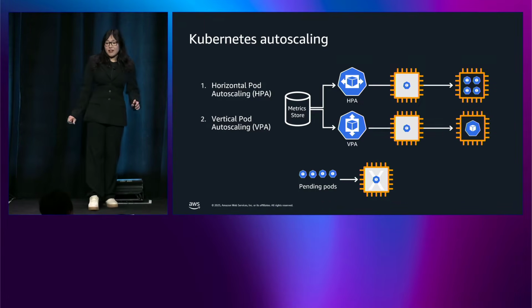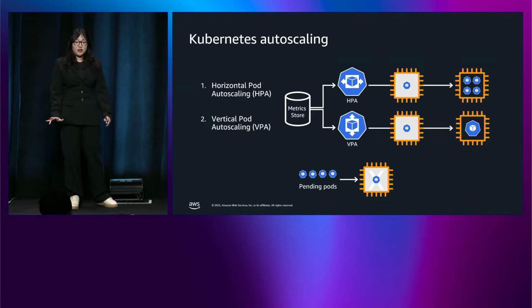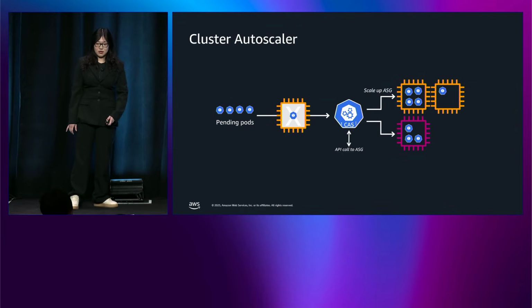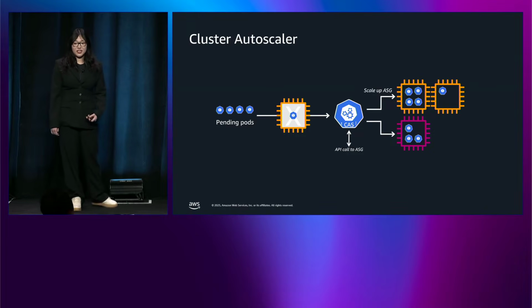But if there is no available capacity on the nodes in your cluster, then you want to think about cluster or node autoscaling. The cluster autoscaling strategy is centered around the use of EC2 autoscaling groups, and cluster autoscaler assumes the instance types are identical in a node group.